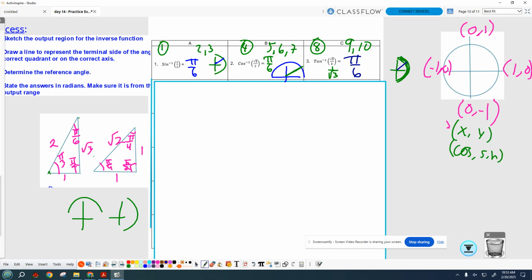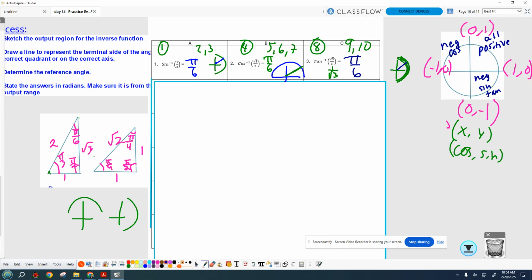I think that for the table, we should also label that these are for positive, negative. All positive ratios, the angles are going to come from quadrant 1. And all negative cosine angles are going to come out of quadrant 2.